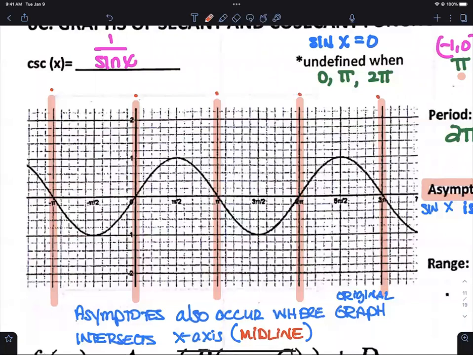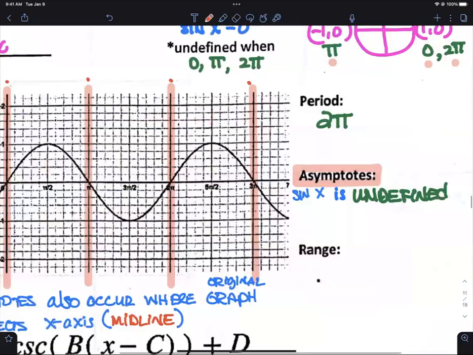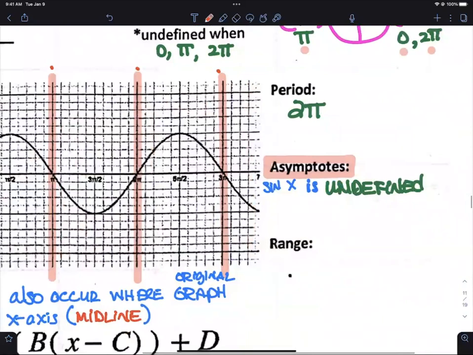So go ahead and draw in the asymptotes in your notes. The asymptotes occur when sine x is 0. It happens at 0, at pi, at 2 pi, but the way you would say this mathematically is that it occurs when x is a multiple of pi: n pi, where n is an integer, and the capital letter Z is the abbreviation for the set of integers.